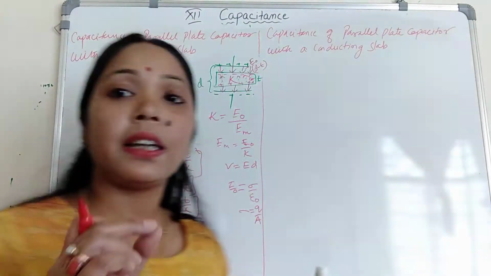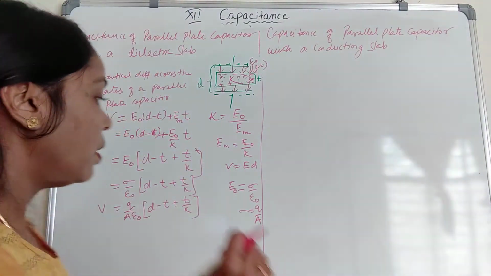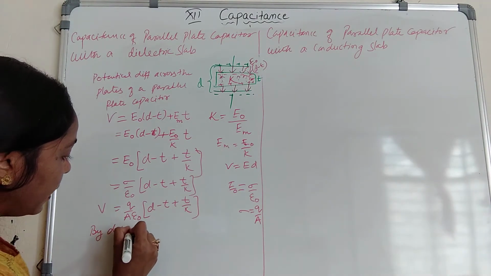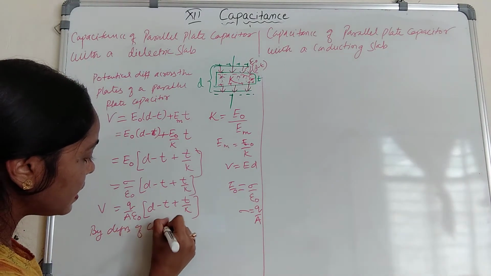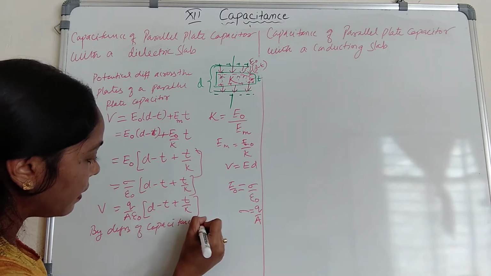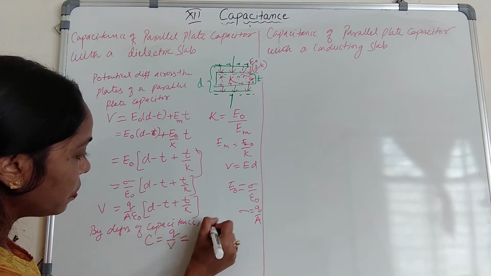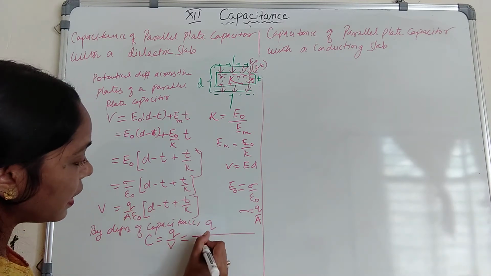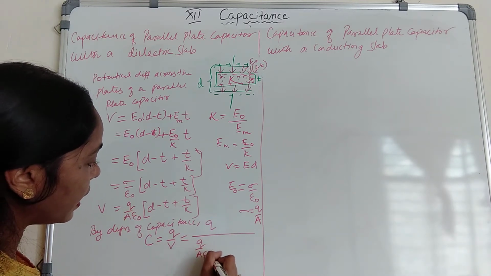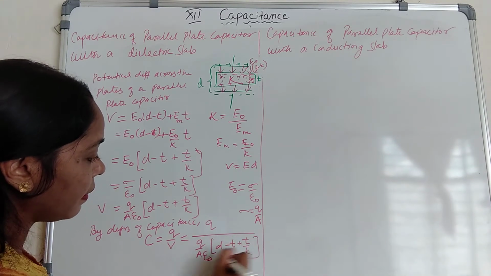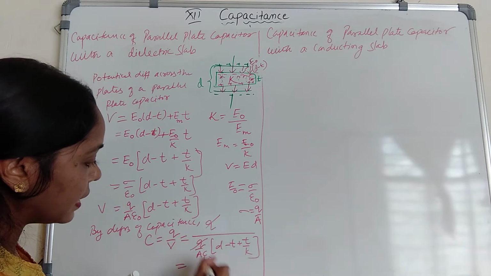Now just use the definition of capacitance. By definition of capacitance, we can write C is equal to Q by V. So Q by V is Q by A epsilon naught [(d minus t) plus t by K]. Q gets cancelled.